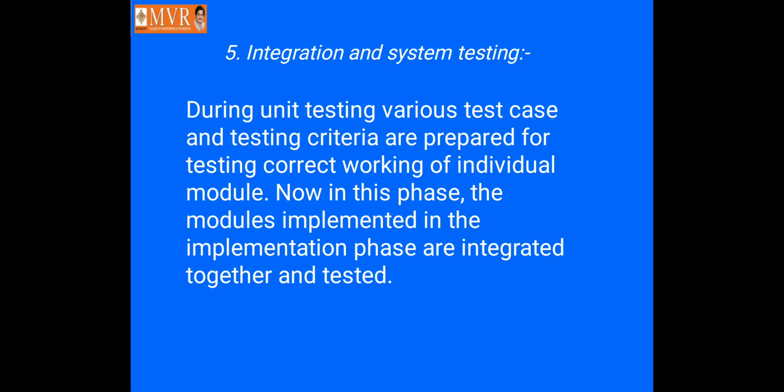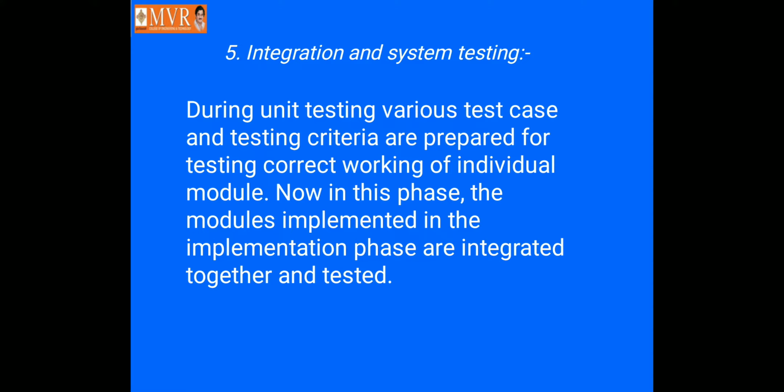Next one, integration and system testing. During unit testing, various test cases and testing criteria are prepared for testing the correct working of individual modules. Now in this phase, the modules implemented in the implementation phase are integrated together and tested.